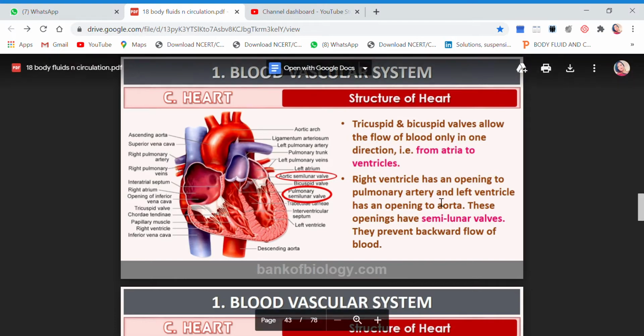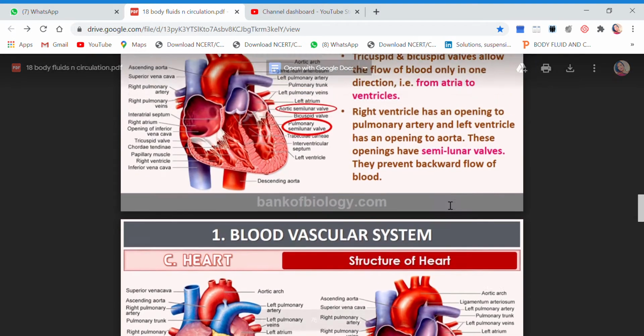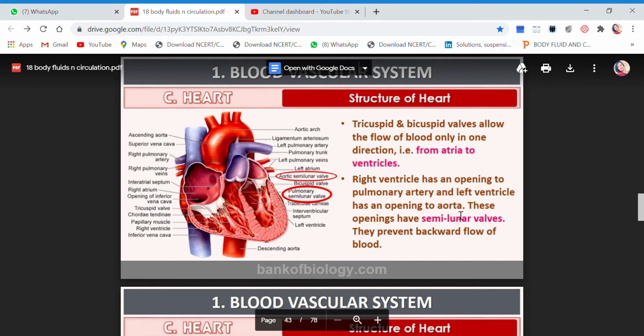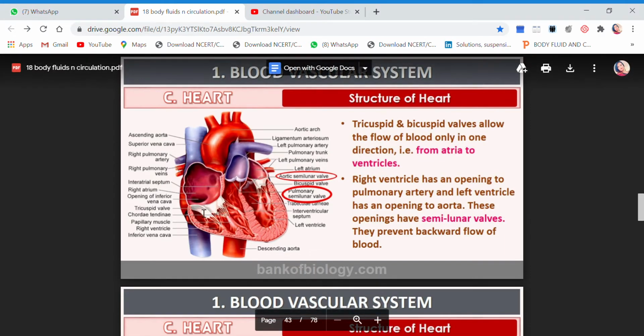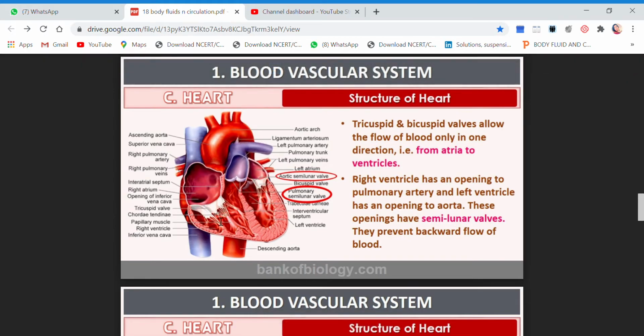Now children, let me tell you that there are semilunar valves present in the openings between the ventricle and its branch.